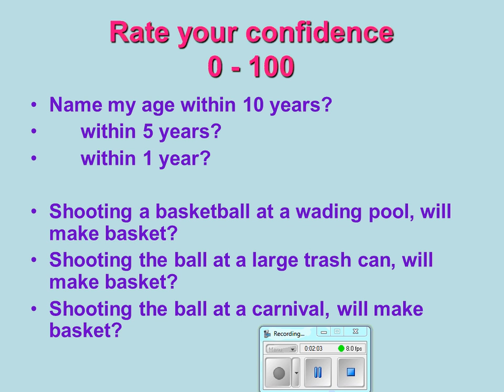What about shooting the ball at a carnival, at one of those small little circles, a dot on a board, and you're throwing a ball at that? Hopefully you get the idea here that the larger something is, the larger your confidence is.